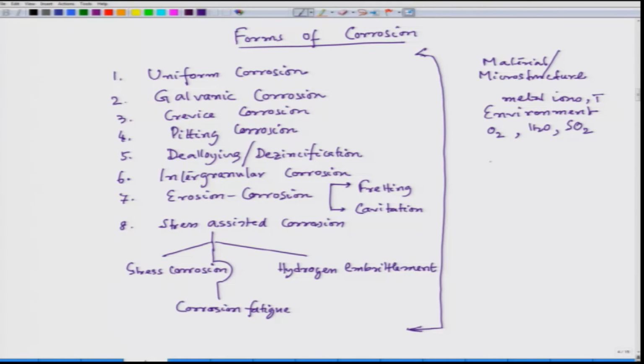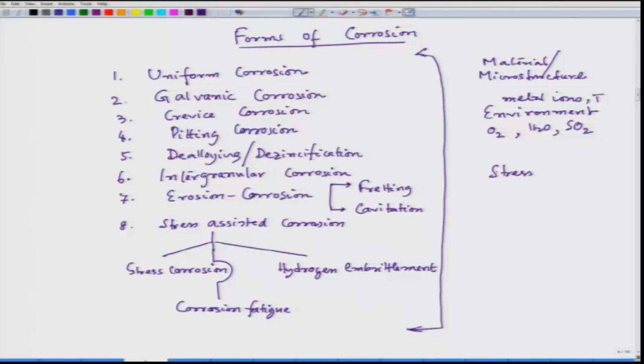Then we have of course stress. Stress is important when we talk about stress assisted corrosion. One particular example we have put forth is the silver bridge. The crumbling of the silver bridge, people said that the reason behind it was stress corrosion and corrosion fatigue.